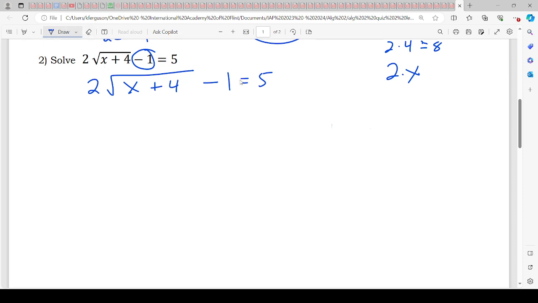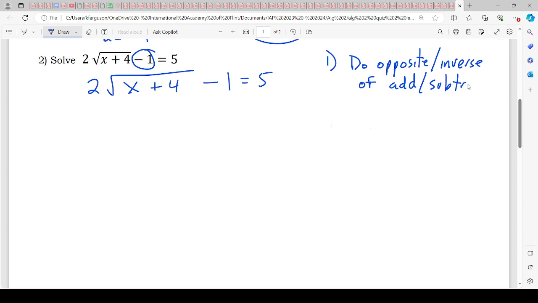So this technically is just a 2-step equation. The first step is I need to get rid of what's being added or subtracted. So do the opposite or inverse of add or subtract.